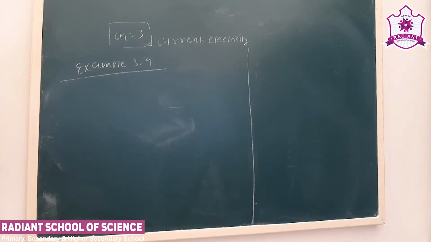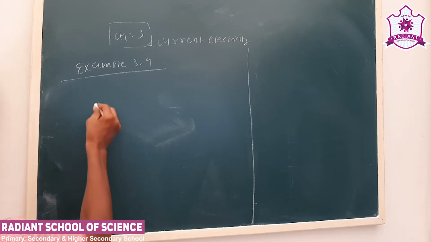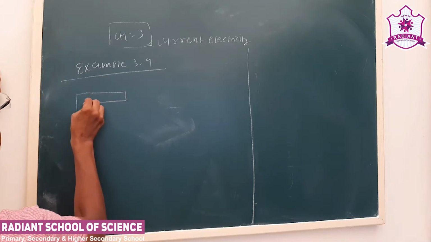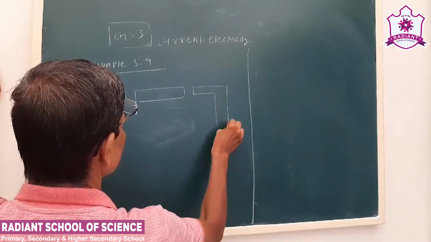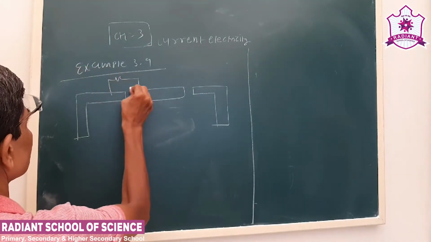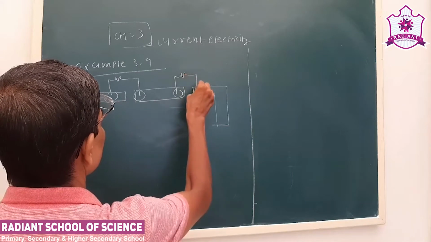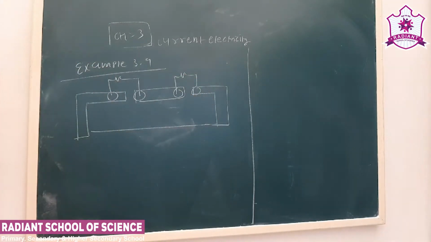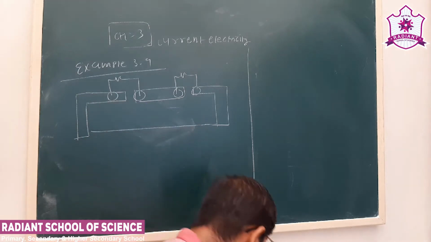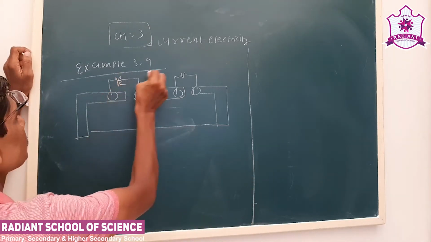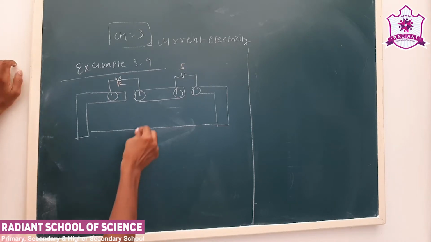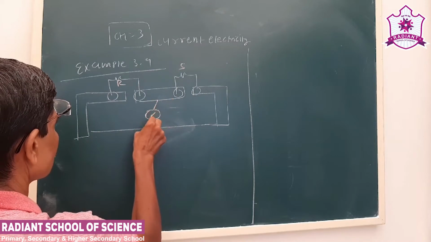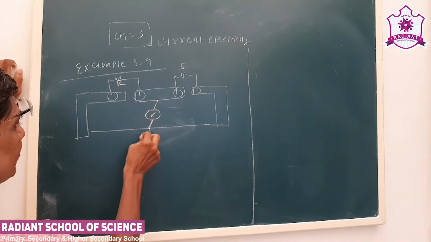Now this is the case of the meter bridge. R and S are the resistances. This is how the null point is obtained here.